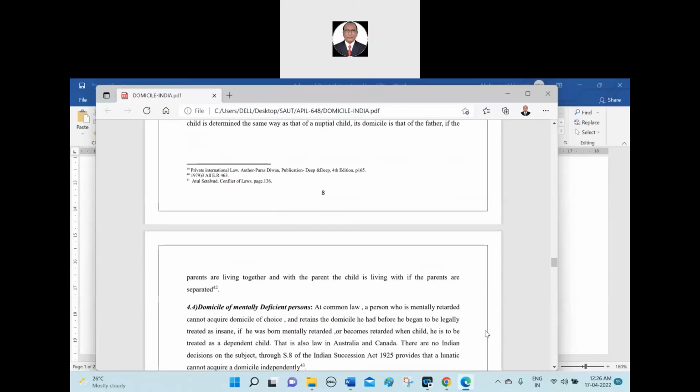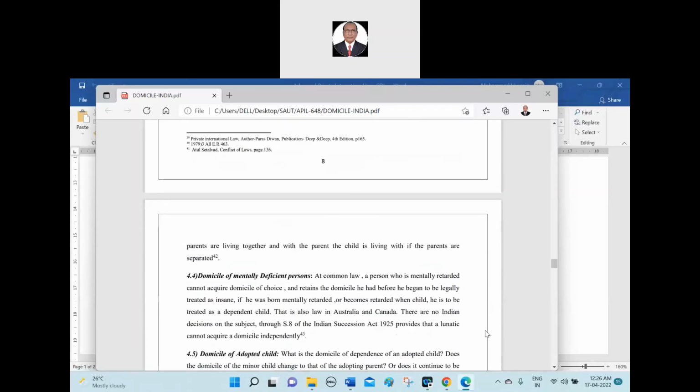Domicile of a mentally deficient person. How can it be? At common law, a person who is mentally retarded cannot acquire a domicile of choice because he doesn't know what he is doing, and retains the domicile he had before he began to be legally treated as insane. Naturally, if he is in the custody of the father, then the father's domicile will come to him.